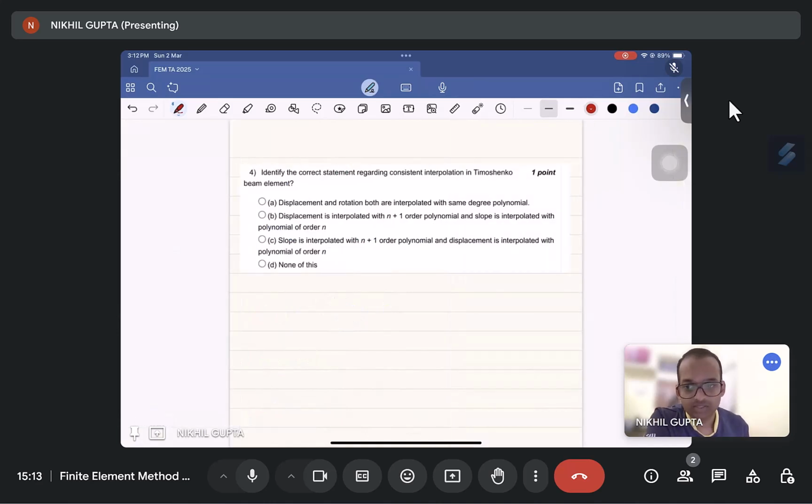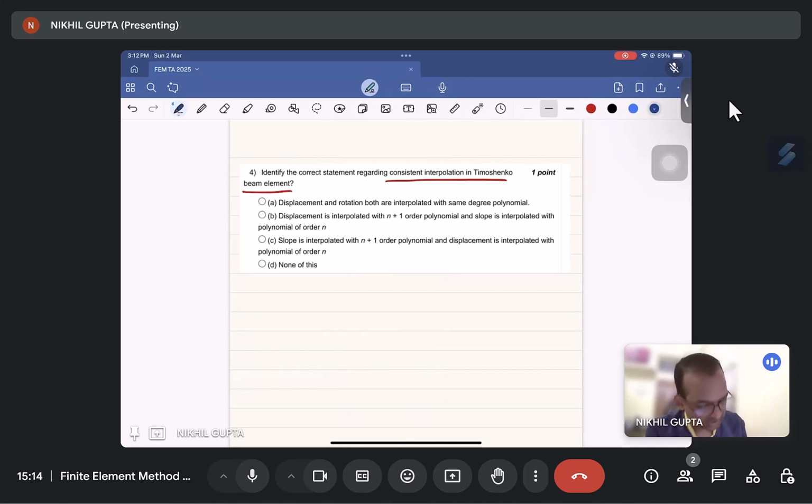So let's focus on the question number 4. Let's read it. What they are asking is: identify the correct statement regarding the consistent interpolation in Timoshenko beam element. You must have studied in the class about the consistent interpolation. Let's see what it is.